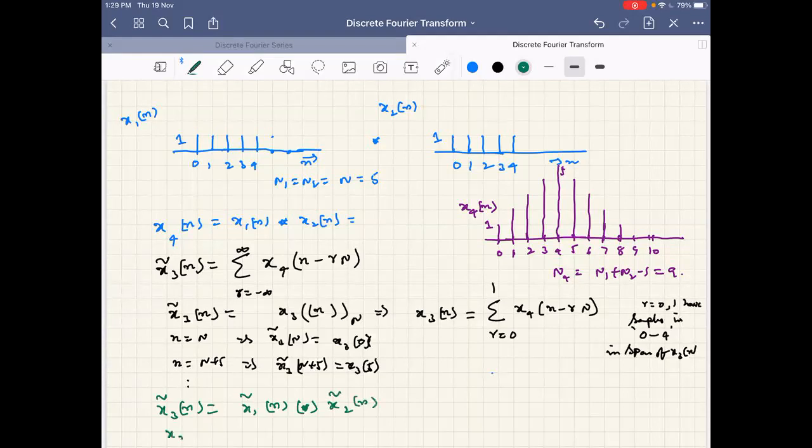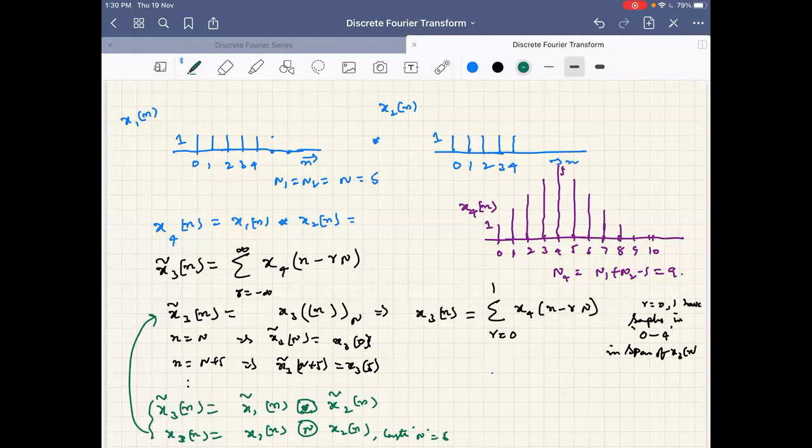Similarly, x3 of n we have defined as x1 of n N-point convolution with x2 of n. From these two we have got x3. Now we want to relate this to x4. That's our discussion now. The span of this is length n, where n is equal to 5 here, 0 to 4.